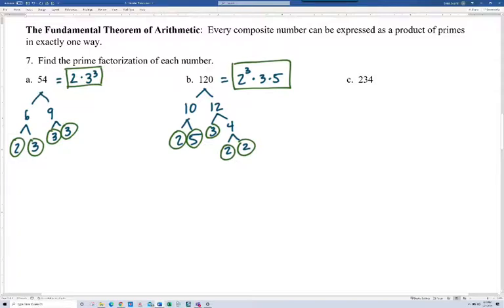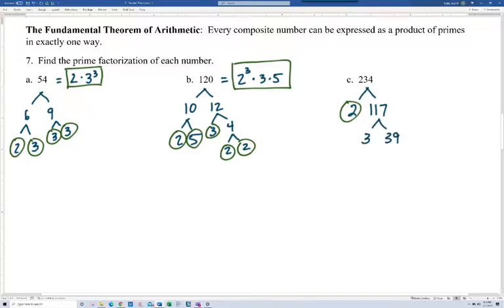All right, so we're going to prime factor 234. So certainly this is an even number. We can write it as 2 times 117. And 2 is prime, and I'm looking at the 117 and I realize 1 plus 1 plus 7 is 9. This number is divisible by 3 as well as 9. So I'm going to divide it by 3.